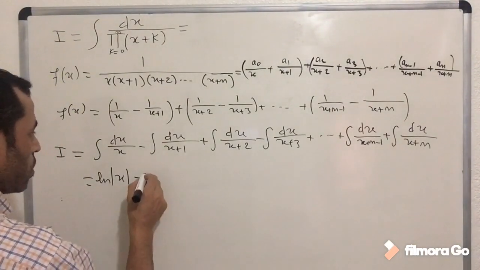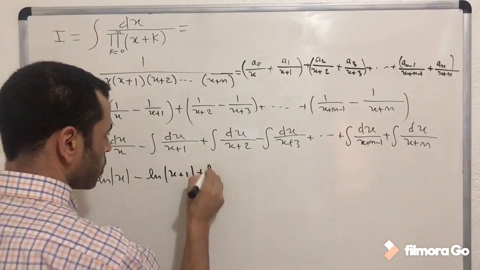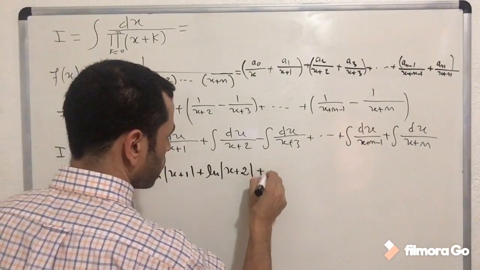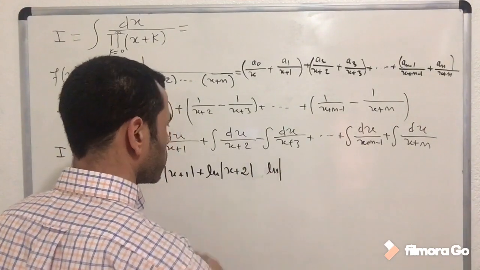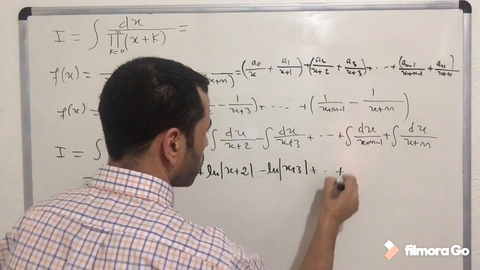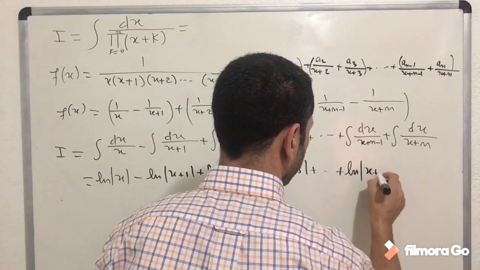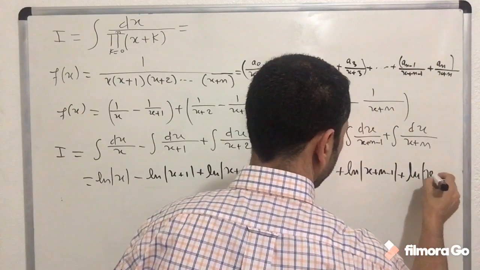Minus natural log of x plus 1 plus natural log of x plus 2, then the negative sign here, natural log of x plus 3, and so on until you get the last two terms, natural log of x plus n minus 1, plus the last one, natural log of x plus n.